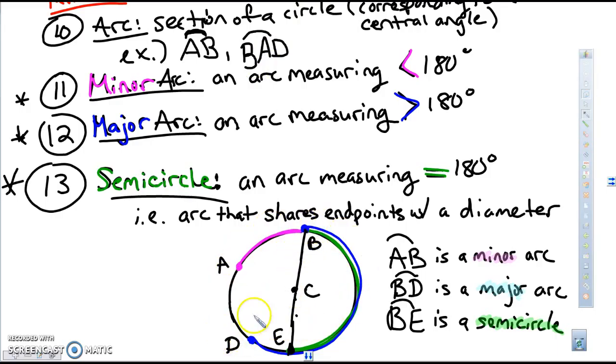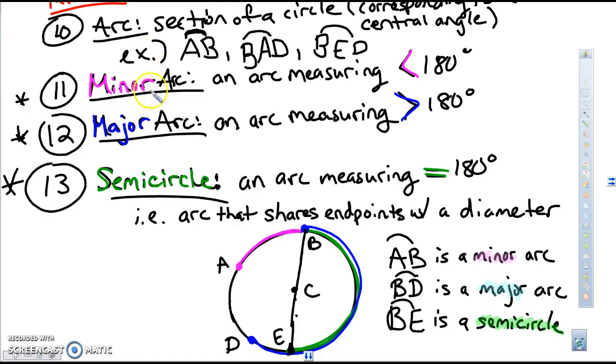But if I wanted to go the other way, then I would have to say arc BED, something like that. So when it's not clear, a lot of times you have to give 3 points on that arc, but when it's pretty clear which one it is, when you have just AB, you take the shortest distance.